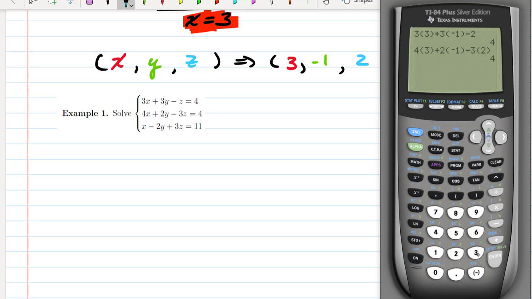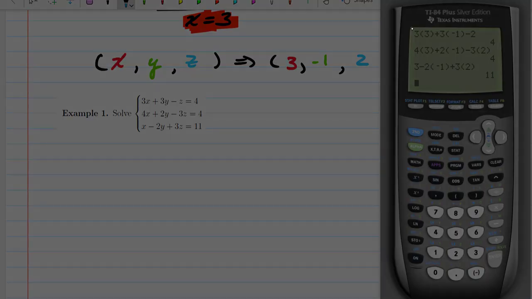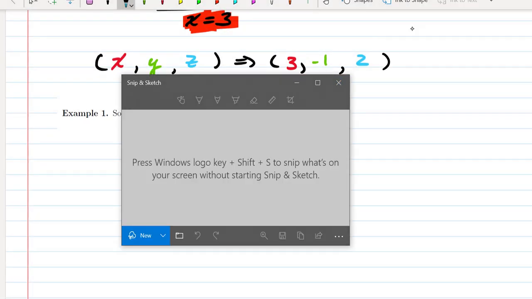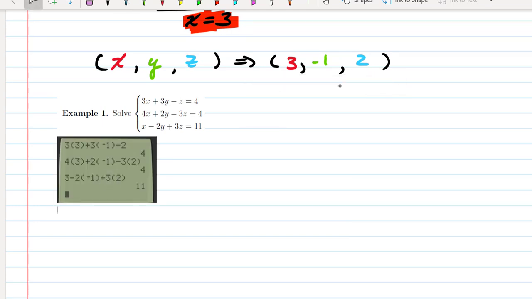And lastly, if I go 3 minus 2 times y, which is negative 1, plus 3 times 2, when I press enter this time, I should get 11, right? And if I check, I see that indeed that is a solution to this linear system.